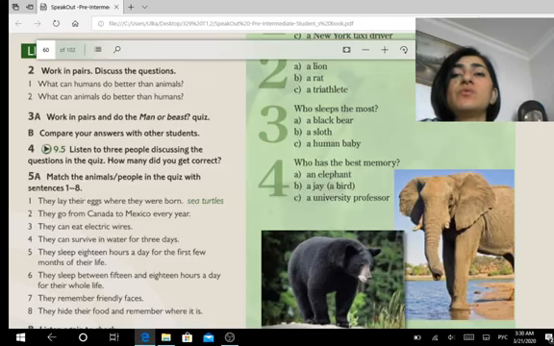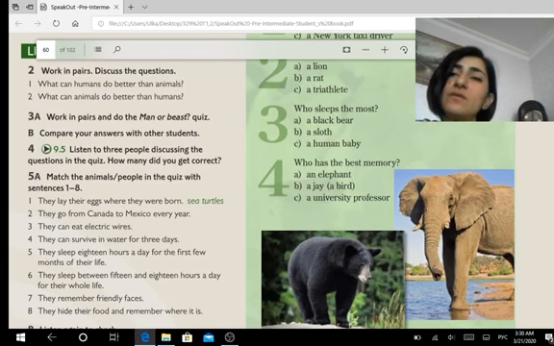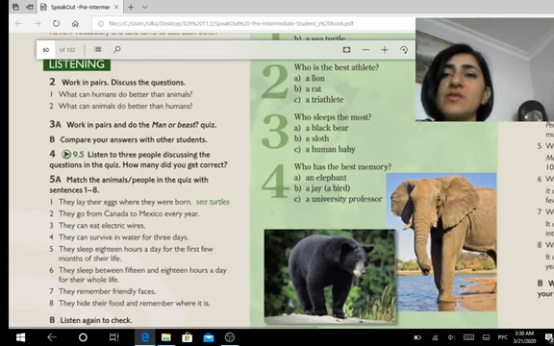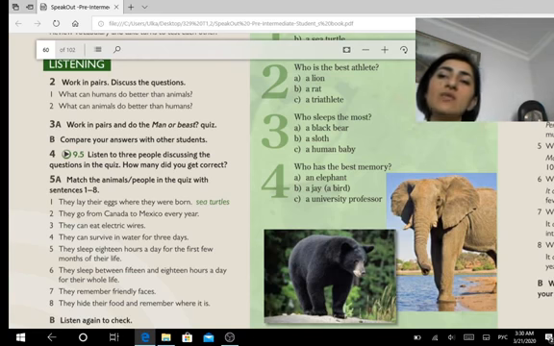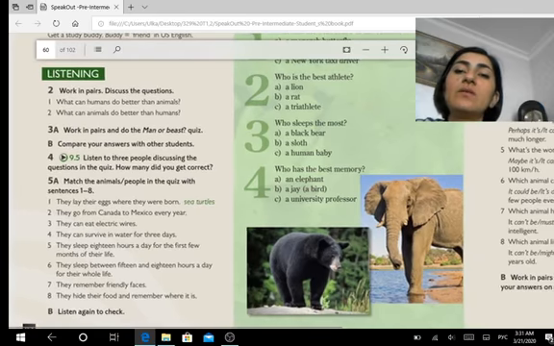You listen to 3 people discussing the questions in the quiz. After finding out the right answers, you can check yourself how many you got correct. That's just for your own entertainment. But after that, you can easily listen and correct your mistakes.